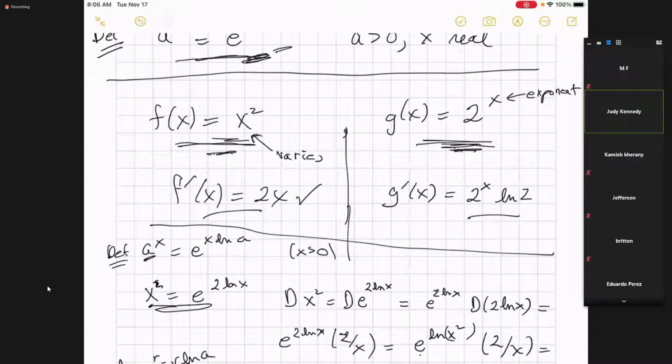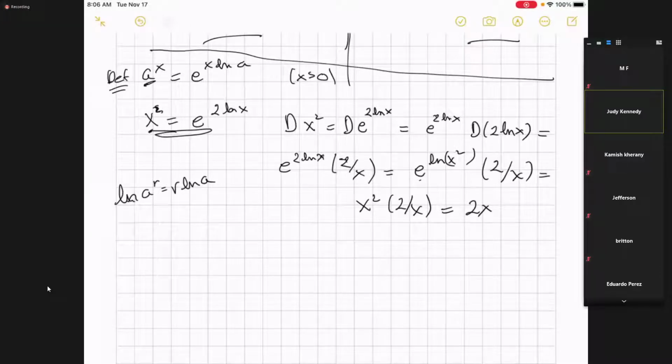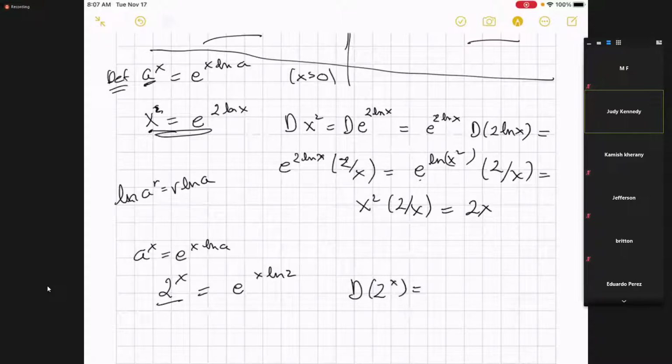For the other function, 2 to the x, apply the same definition. And that says that 2 to the x is e to the x ln of 2. So the derivative of 2 to the x is the derivative of e to the x ln of 2, which is equal to e to the x ln of 2 times the derivative of x ln of 2 by the chain rule.